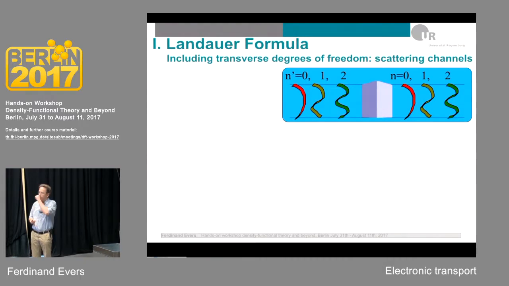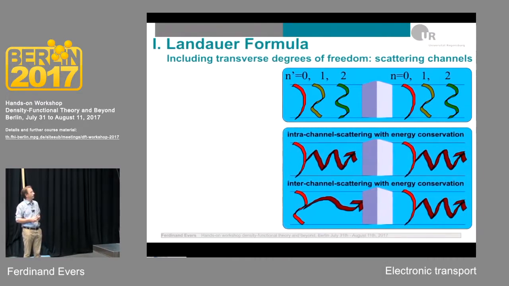They also carry transverse eigenmodes, and these just reflect the fact that the wires have a finite width, and so within this width, I can be even in a transverse state that has no node or one node or two nodes. There must be a degree of freedom in the system that reflects the width of these wires, and that's actually the number of transverse modes in this impinging wire.